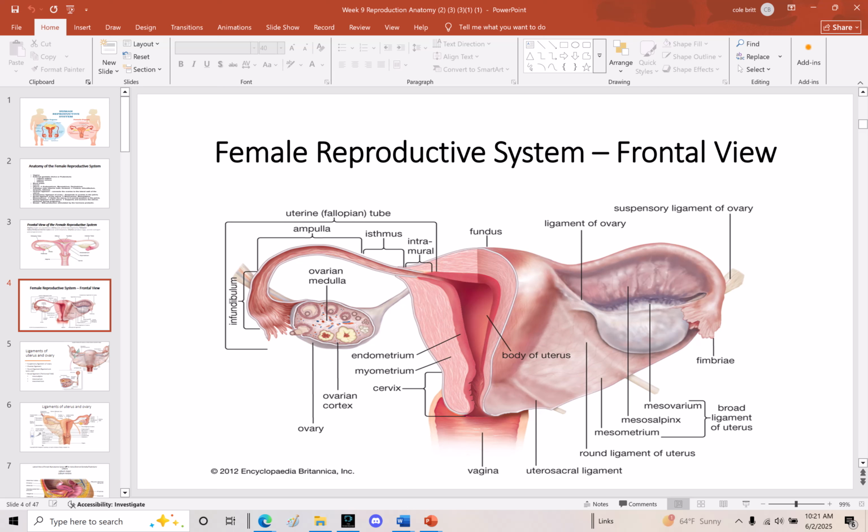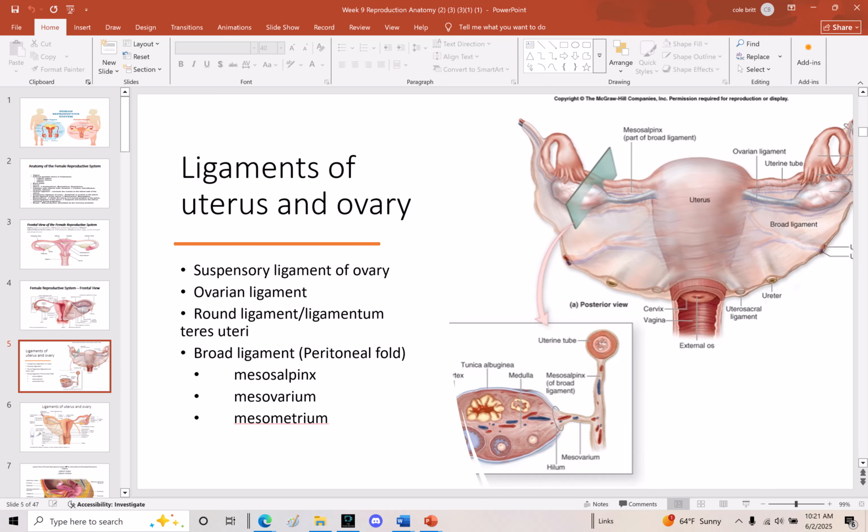All right, ligaments of the uterus and the ovary. So you have the suspensory ligament of the ovary, right here. You have the broad ligament right here. And then you have the round ligament right here.